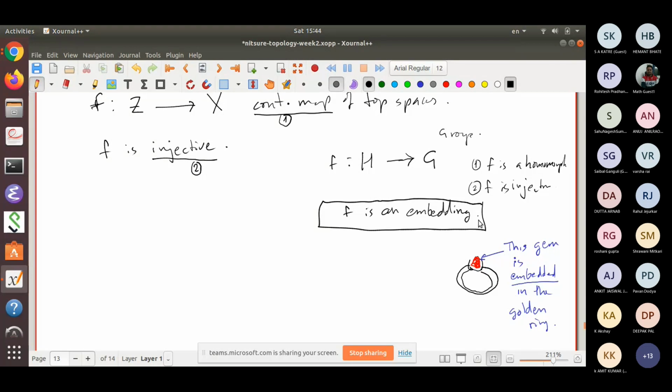Okay. So in groups, all that you want is F is a homomorphism and F is injective. But here we need a third property.